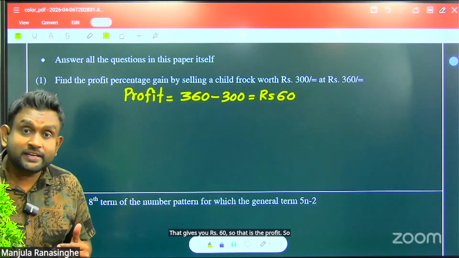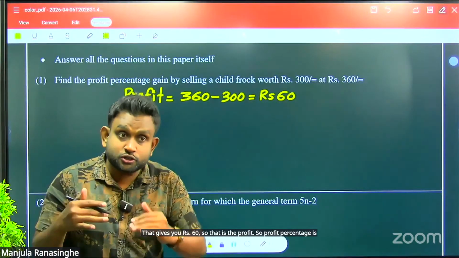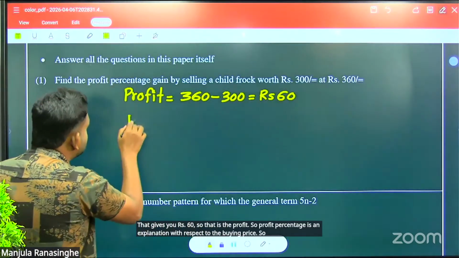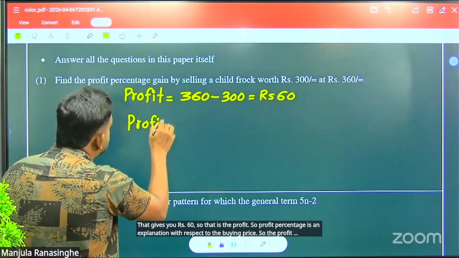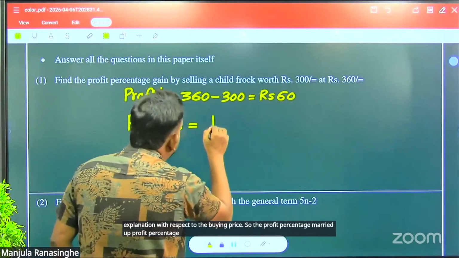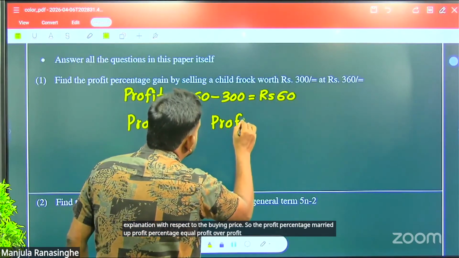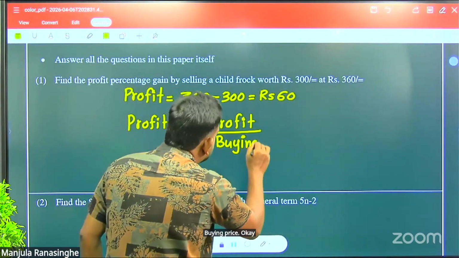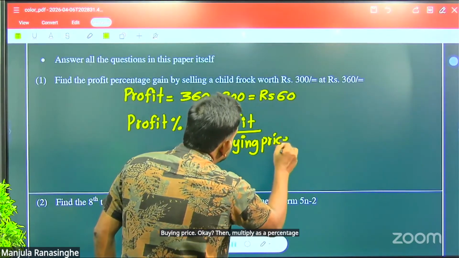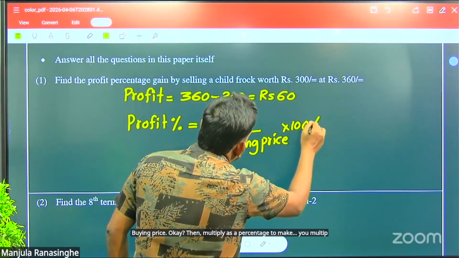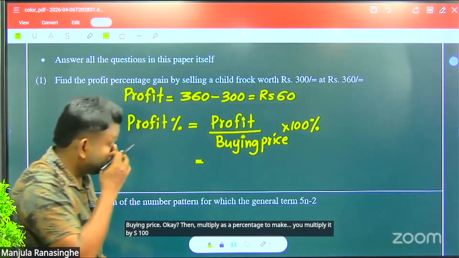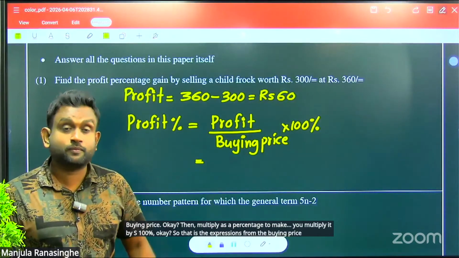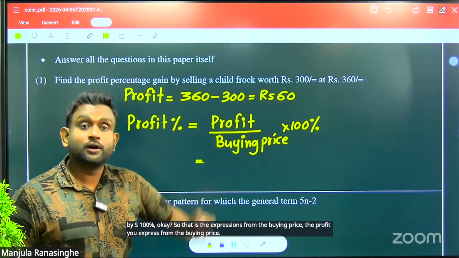Profit percentage is expressed with respect to the buying price. Profit percentage equals profit divided by the buying price, multiplied by 100%.